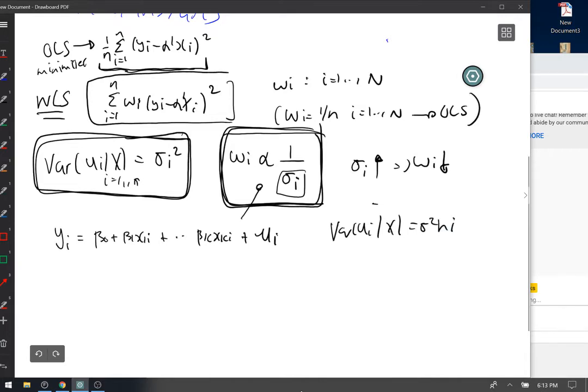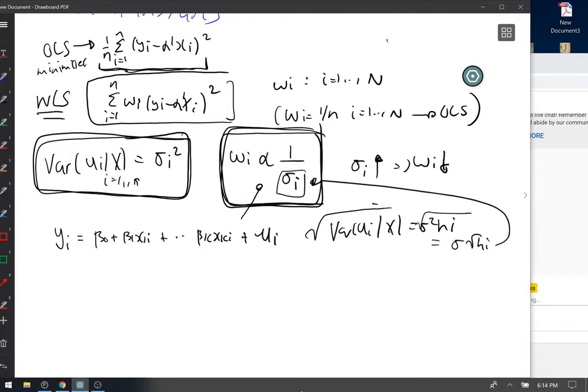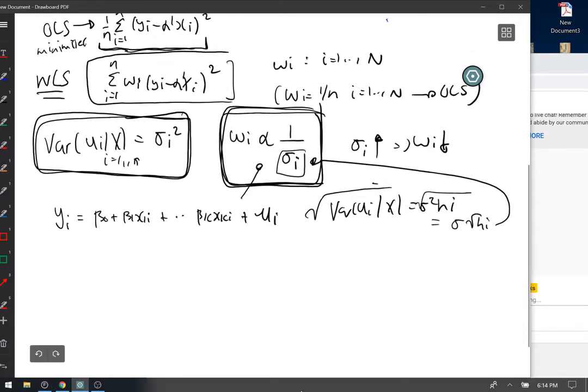Well, this just means that the standard error is the square root of this, so it's sigma times the square root of h_i. This is our standard error of the u. Then we need weights proportional to this. So again, we can just take the weights as 1 divided by the square root of h_i. If you multiply both sides by 1 over this, you divide both sides by the square root of h_i.